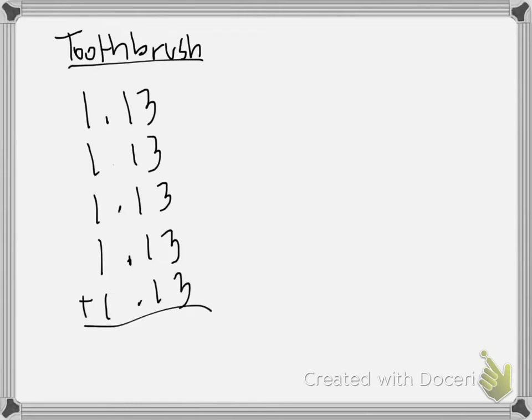So when I add this up, 3 5 times is 15. So 3, 6, 9, 12, 15. Carry my 1. I have 1, 2, 3, 4, 5, 6 ones. Don't forget your decimal point. And 1, 2, 3, 4, 5 ones over here. So the toothbrushes are going to cost him $5.65.